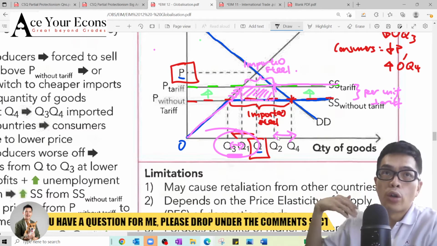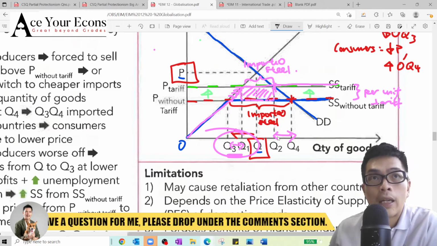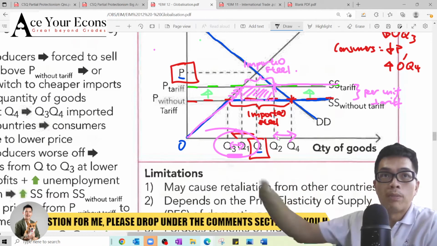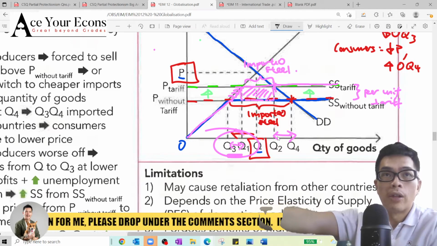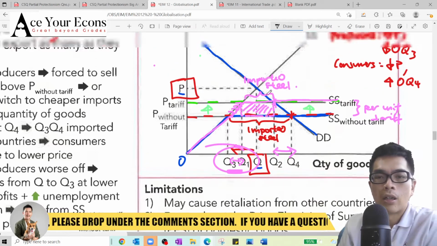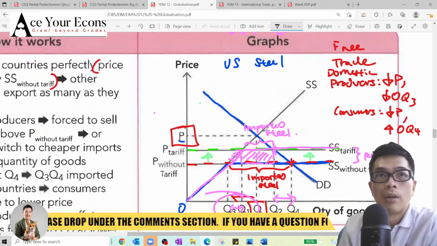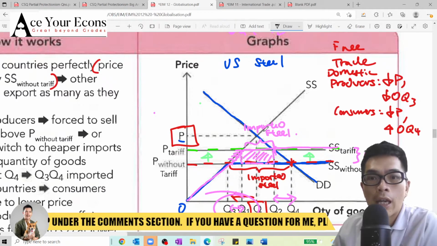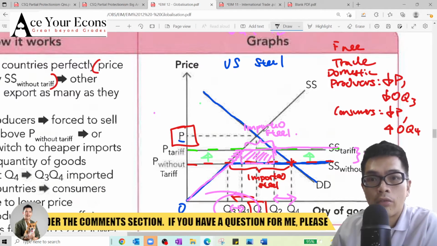So if your goal is to correct the balance of trade deficit, balance of payment, when you block imports with an import tariff, good. On one end, you're going to be better off in steel production. But on the other end, if the other countries impose a tariff on the goods that you sell to them, for instance, what does the US sell?